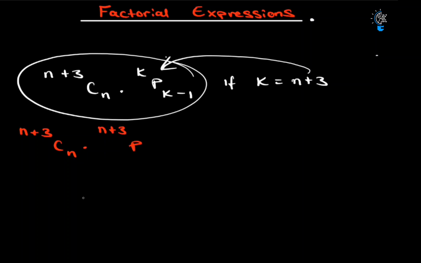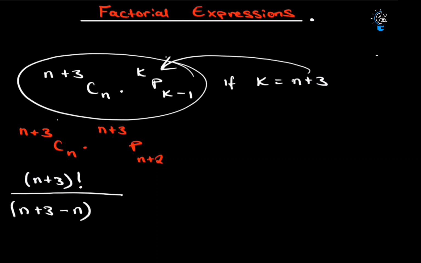Then permutation n plus 3 minus 1. And we know that 3 minus 1 is a 2, so we can write a 2 there. Now from there, we can substitute this with the expression, which is n plus 3 factorial divided by n plus 3 minus n factorial, n factorial.